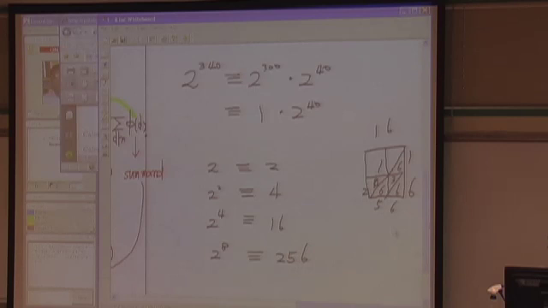And 256 subtracted from this number gives us 85, right?